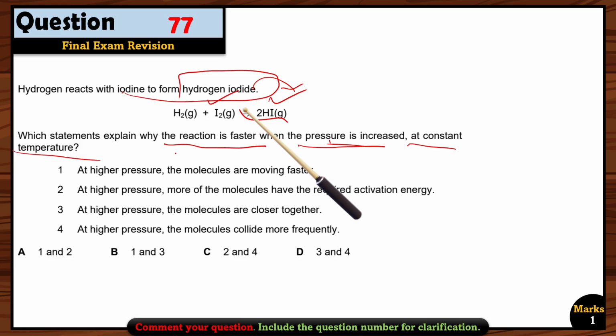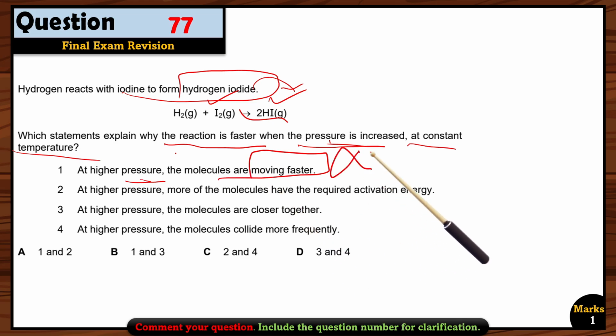Increasing pressure always increases the rate of the reaction. The reason is that when you increase the pressure, the volume of the gas decreases. So more particles come close together and have more chance of collision, right? Now let's look at the options. At high pressure, the molecules are moving faster.